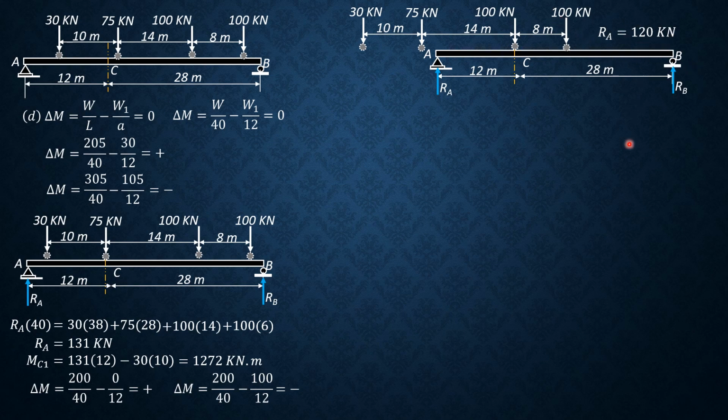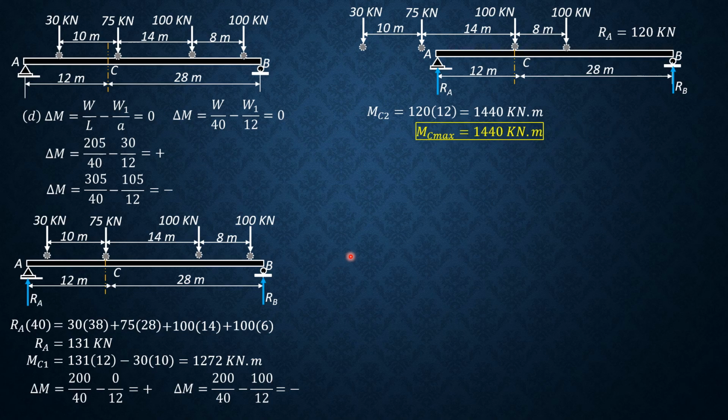It will give us 120. So the maximum moment at C is 120 times 12, MC2, and it is equal to 1440 kilonewton meter. Because this is greater than the first, therefore MC max is 1440 kilonewton meter.